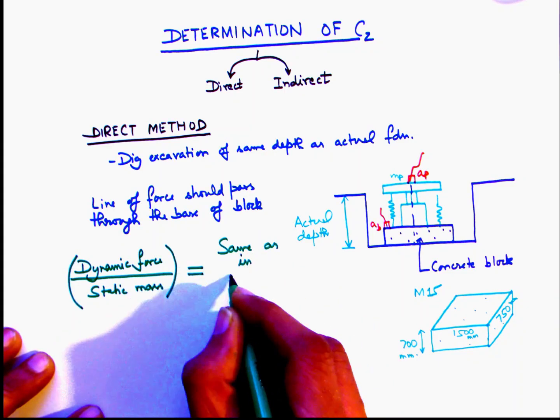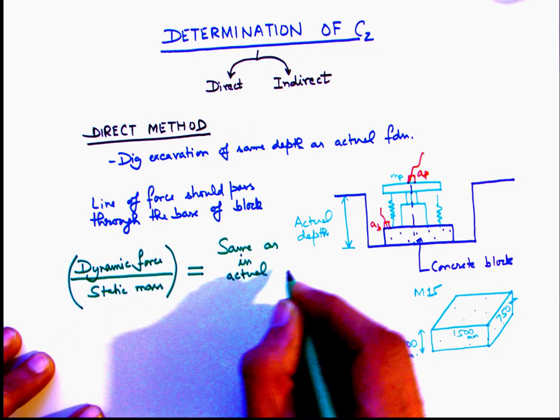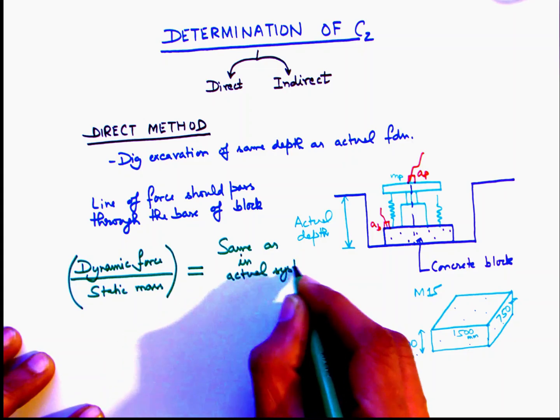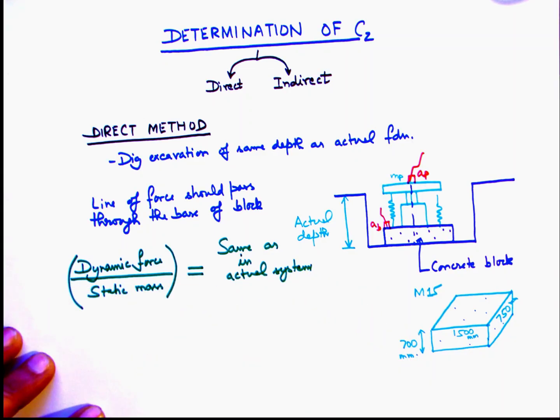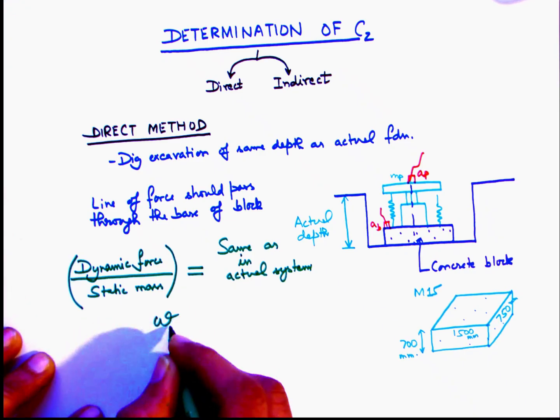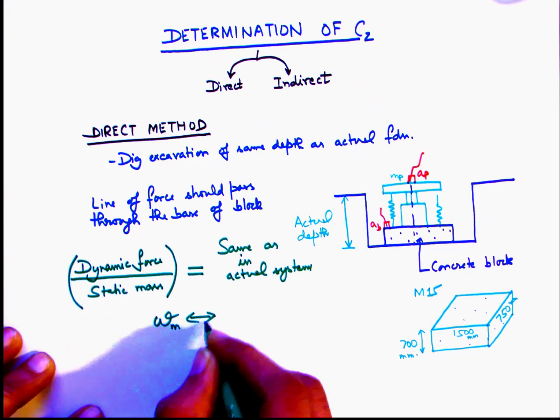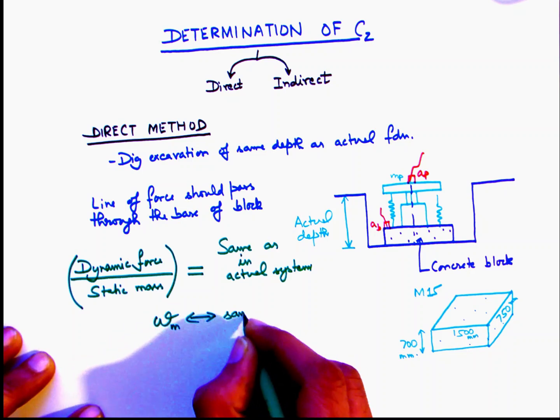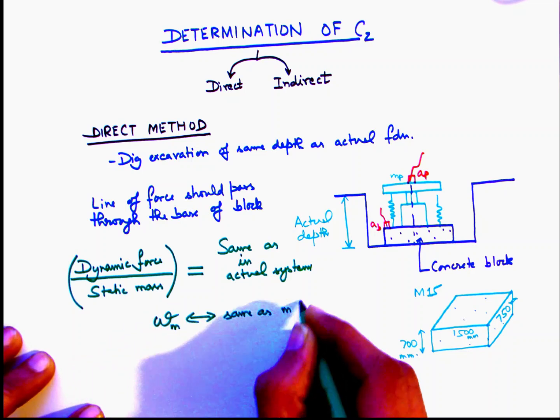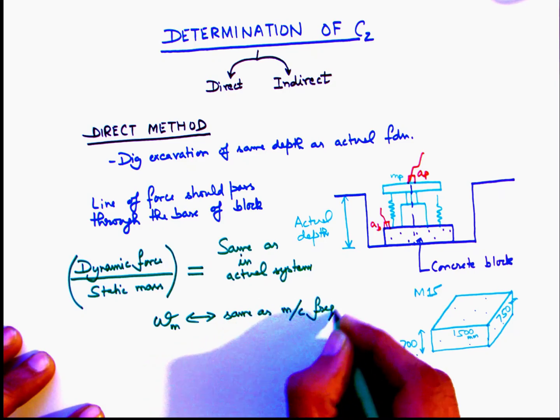So here the dynamic force can be easily calculated as the product of the mass of the top plate and the corresponding acceleration. So that should be suitably adjusted. So let omega m be the angular frequency of the actual machine.